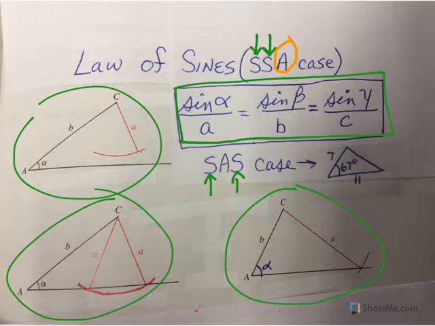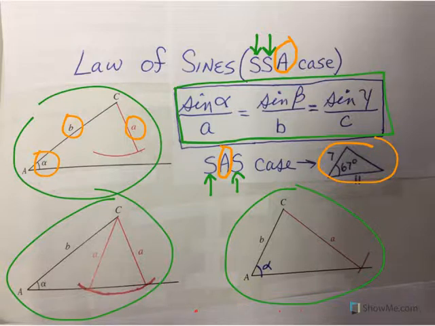If the angle is not between the two sides, like on the diagram here, you have side, side, angle, and that is where you're going to have to check for either one, two, or no solution. If the angle that's given is in between the two sides, it's going to be very straightforward. There aren't any tricks. There will be only one solution to this. You don't have to worry.